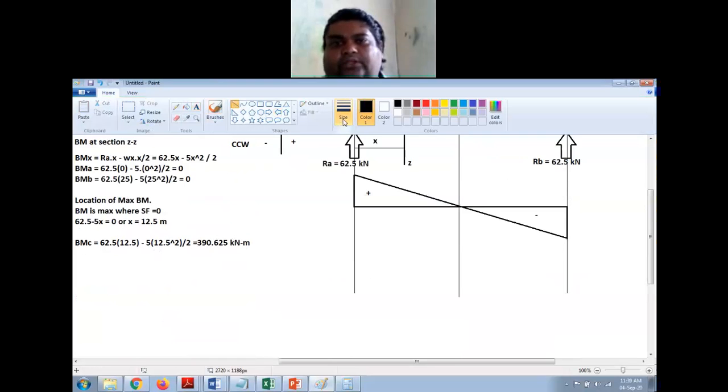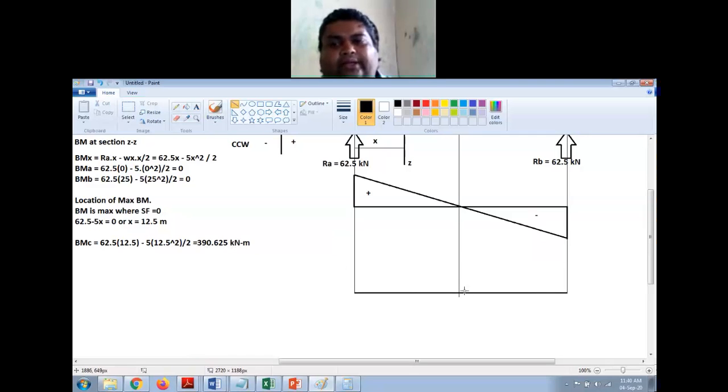Now I have to draw the bending moment diagram. So first draw a horizontal line, right? There is no negative bending moment, so I am pulling the line at the bottom. BM at A, that is at this point, is equal to 0. Bending moment at B, that is at this point, is also equal to 0.